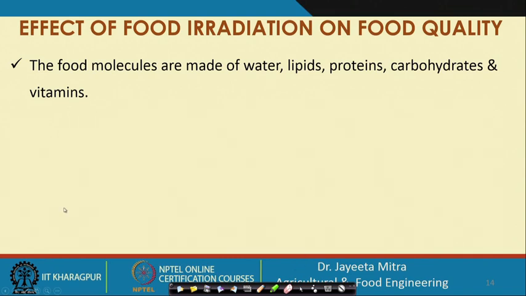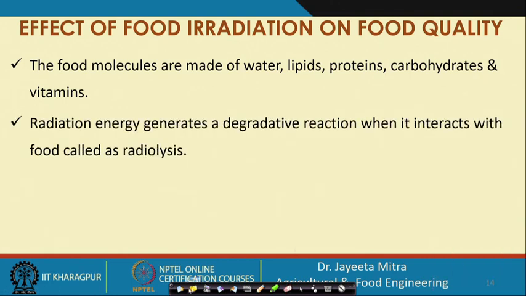The food molecules are made of water, lipid, protein, carbohydrate and vitamins. These are the main constituents. Radiation energy generates a degradative reaction when it interacts with food, called radiolysis. As the microorganisms are getting affected when this radiation energy comes in contact with food, all these constituents are also exposed to the effect of radiolysis.